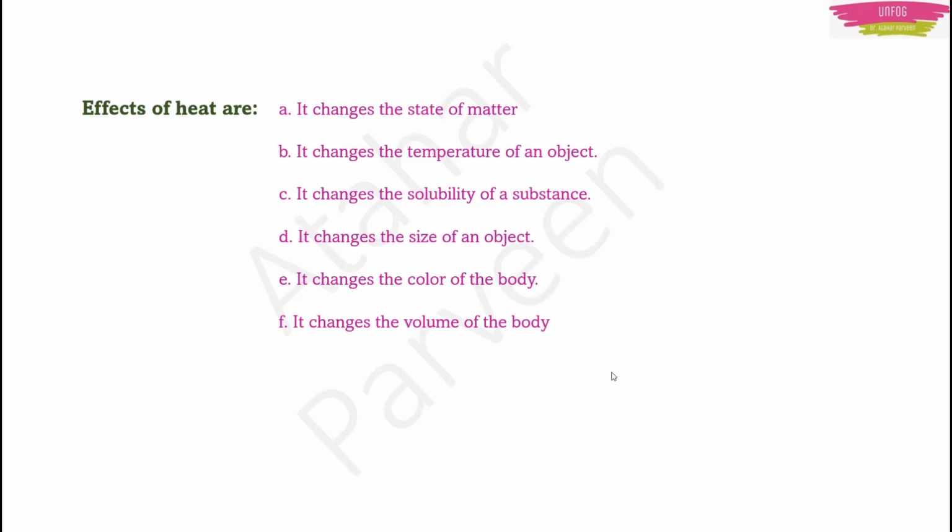Then it can change the temperature of an object. Obviously, if you are heating it, then the temperature will change. We will talk about what temperature is also now. Okay. Then heat changes the solubility of a substance. It changes the size of an object. It changes the color of the body and it also changes the volume of the body. So these are all the effects which heat can have on a substance or matter or object.